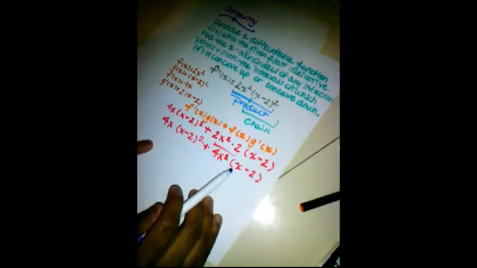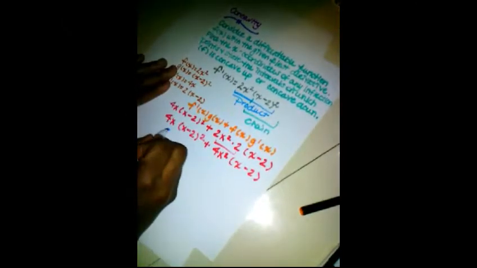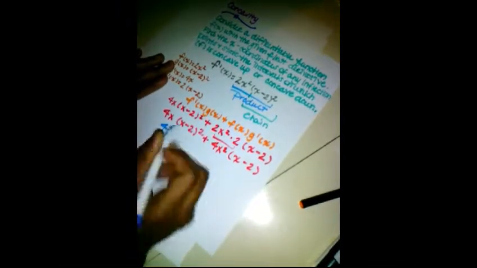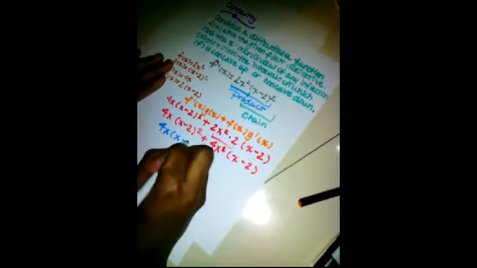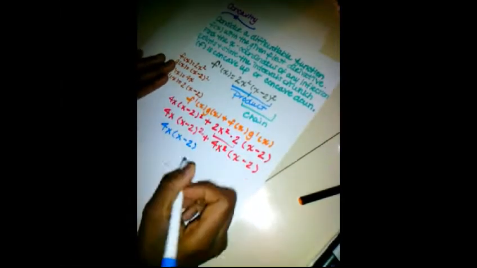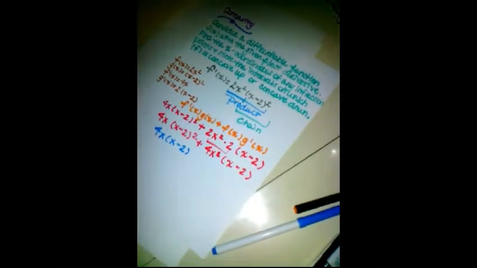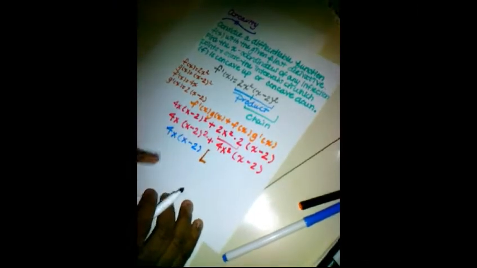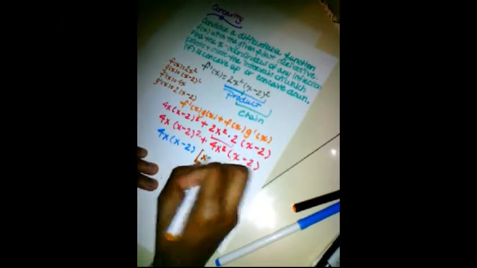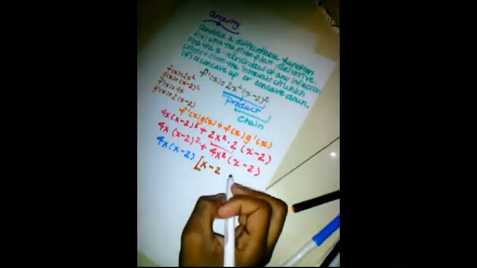Next, we're just going to take out the smallest one in each of both sides. Okay, we have a 4x. We can also take out an x minus 2. Then what's left is going to go in brackets. We have an x minus 2 left over from here, and we have an x from that x squared.